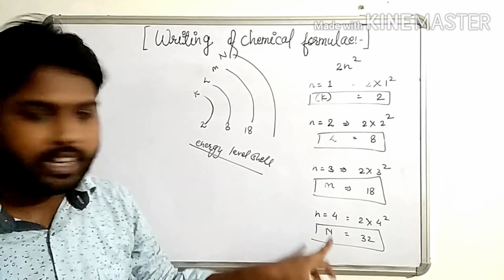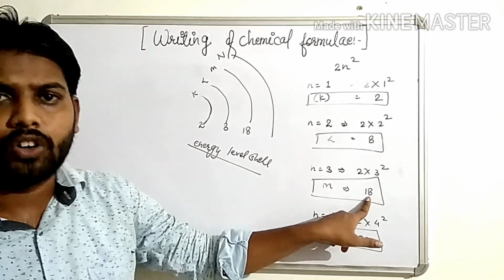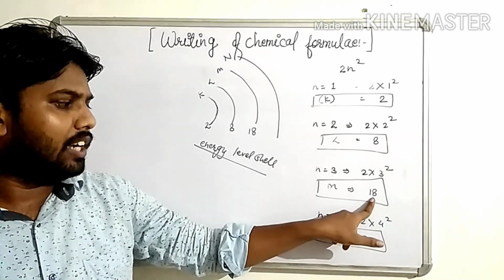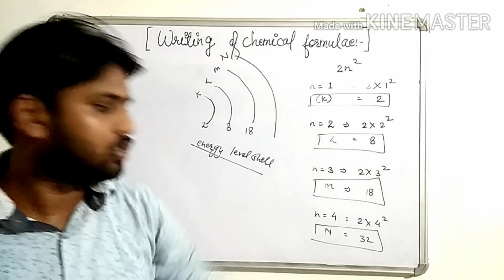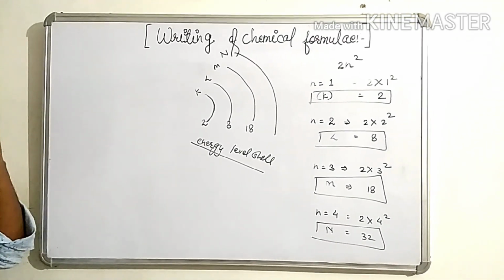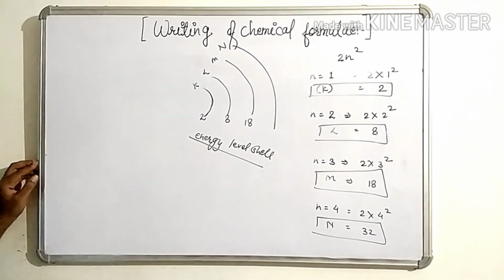Similarly, M and N shells also. M will fill only 18 electrons or maybe less than 18 electrons, but it cannot be above 18 electrons. Clear children? Now we will see how we can fill the electrons in the various shells.